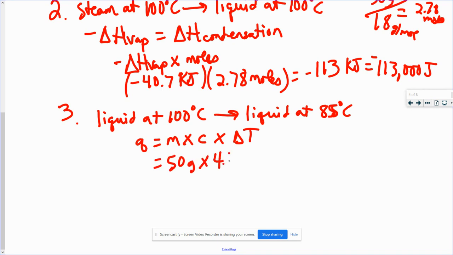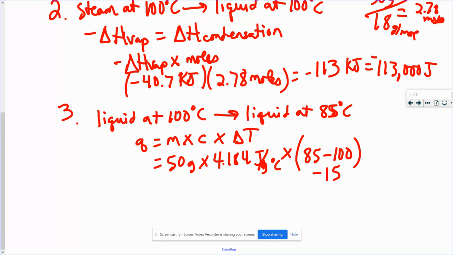The specific heat of liquid water, 4.184 joules per gram degree Celsius. And my change in temperature is 85 minus 100, which is negative 15. So 50 times 4.184 times negative 15 is negative 3,138 joules. So now I just add those together.